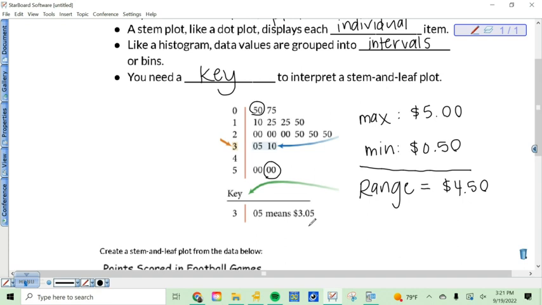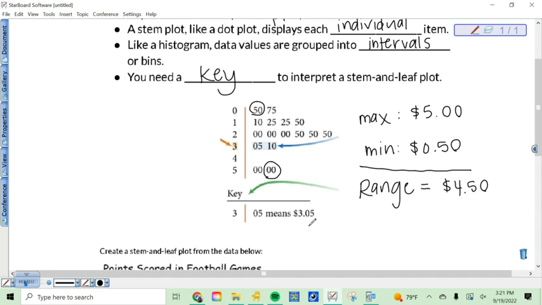How many different people? Not 5. How'd you get to 16? Exactly. We just count up all these numbers over here and we get 16. Each one of these represents a different data point, a different person.